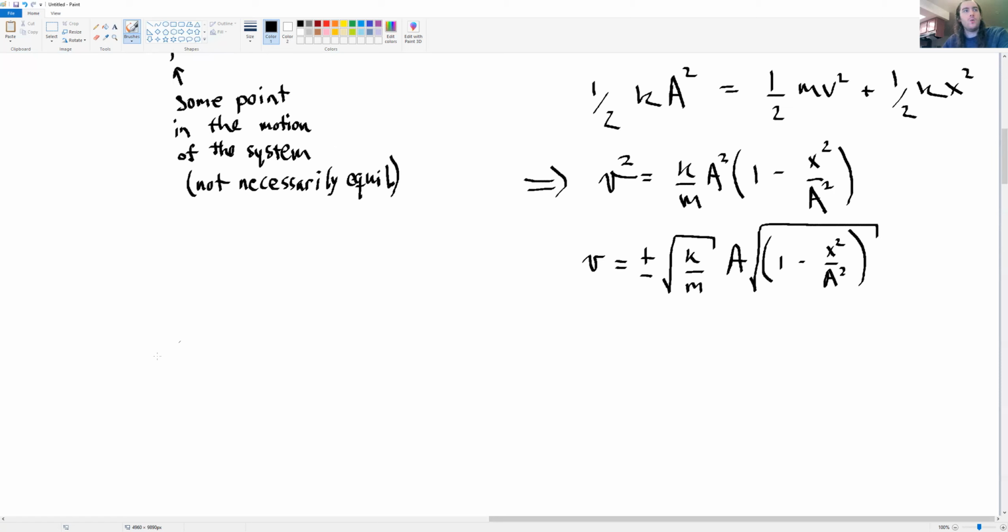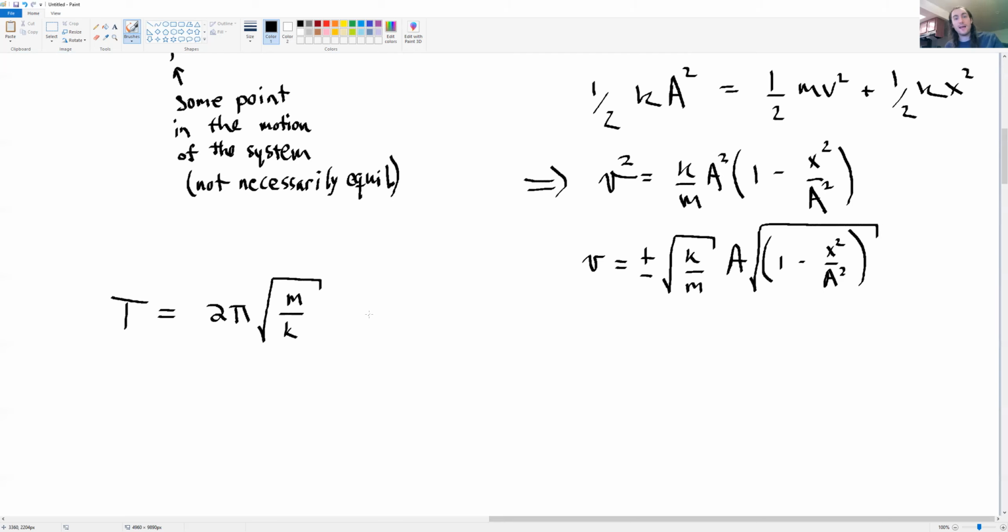What I want to show is that the period of this motion is 2 pi square root of m over k. Okay, so that's my goal here, to show that the period of this spring system is 2 pi square root m over k.